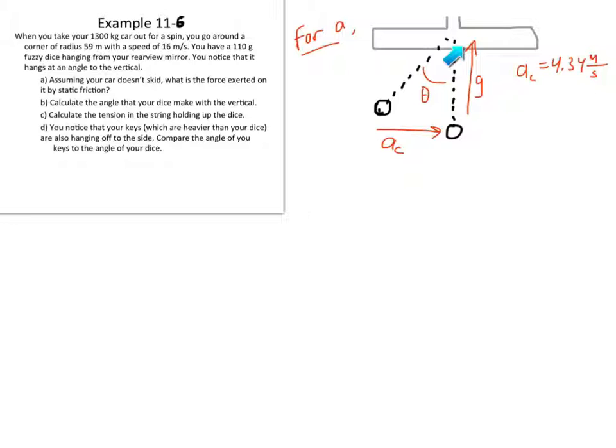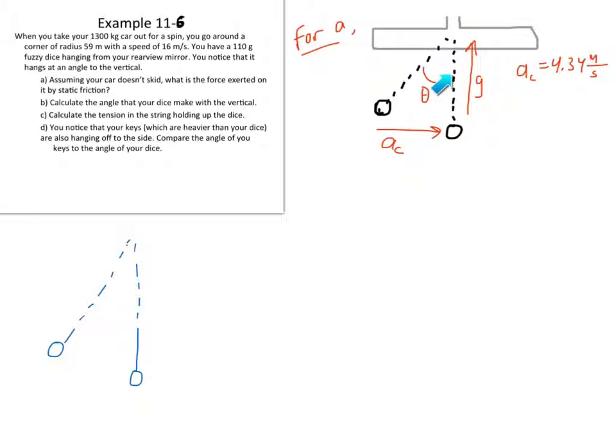Let's do a force vector diagram down here at the bottom right. Vertically and kind of at an angle right here, this is going to be our fuzzy dice, hanging from the rear view mirror. And let's just pretend that we don't know that angle right there. But what are the forces?